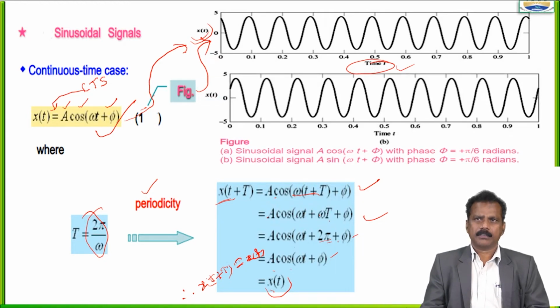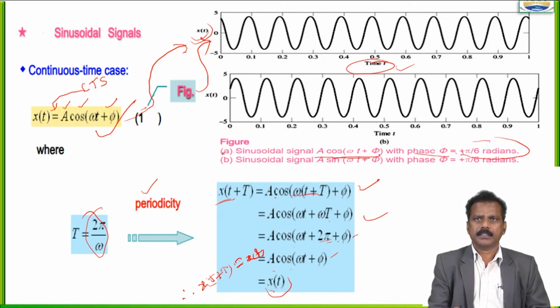So from this, for x of t, if the sinusoid A cos omega t plus pi has phase equal to plus pi by 6 radians, it is shown graphically like this.